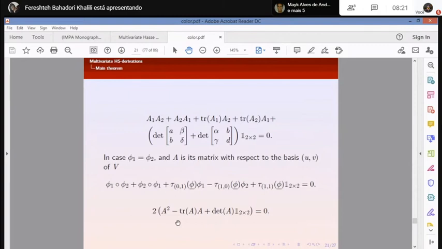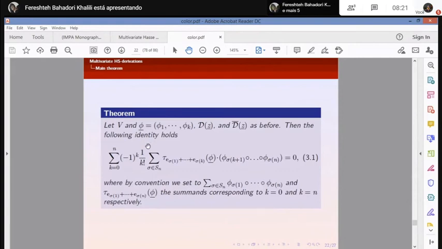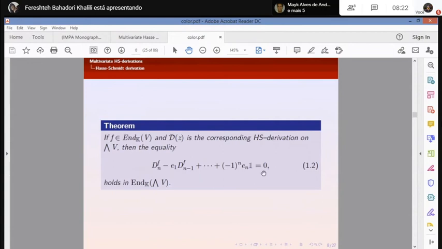Now, by considering the coefficients in a similar way, like z1, z2, z3, the product of the variables, we get this theorem, which says that if we have these endomorphisms and D bar are the unique Hasse-Schmidt derivations corresponding to these endomorphisms as before, then this identity holds for these traces. And if we have just one endomorphism, this is just this theorem that we had here.